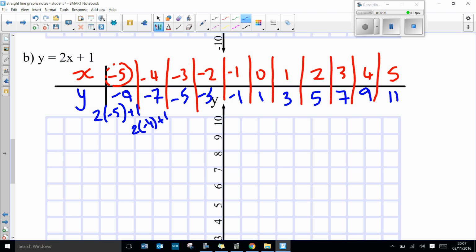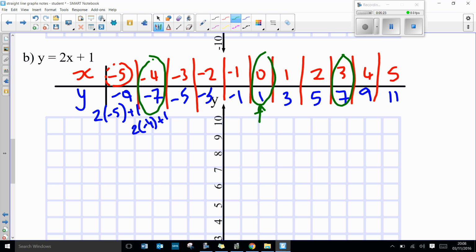Let's choose random ones. Let's choose this one, and this one. Notice I tend to always choose the one where x is 0 because that tells me where it crosses this axis here.